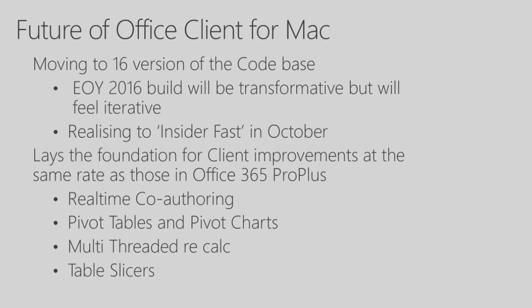So what does that really mean? Well, it really just lays the foundation for the two clients, for Windows and Mac, to share the same development path. And what it really means is we can start to get the Office for Mac client to get features at the same rate as the Office for Windows client. And oh, look at that.